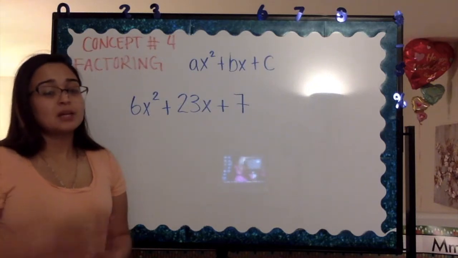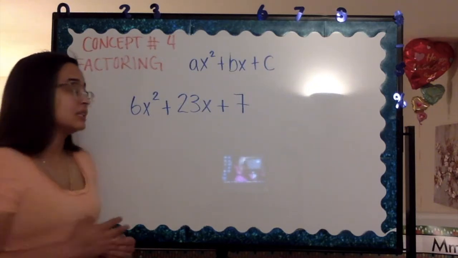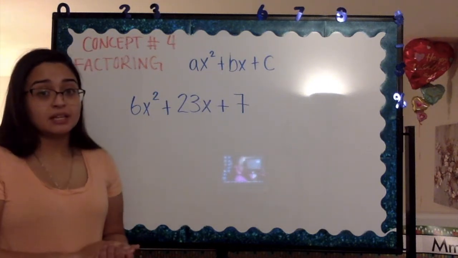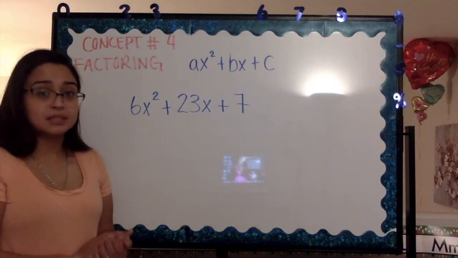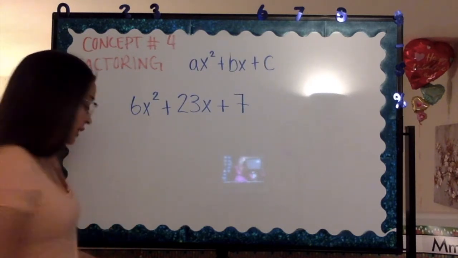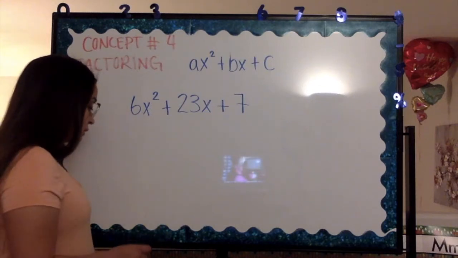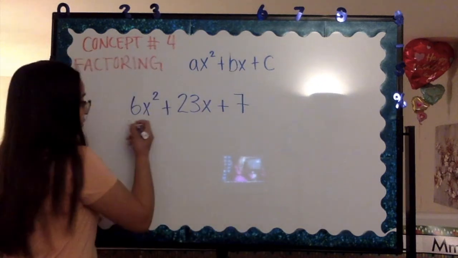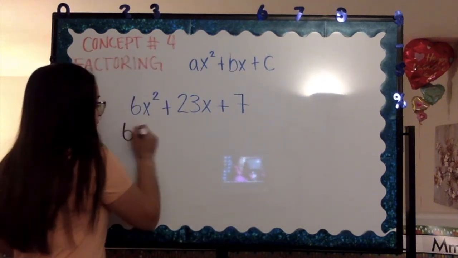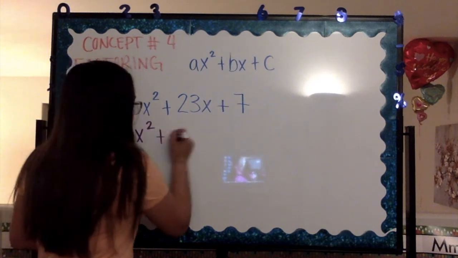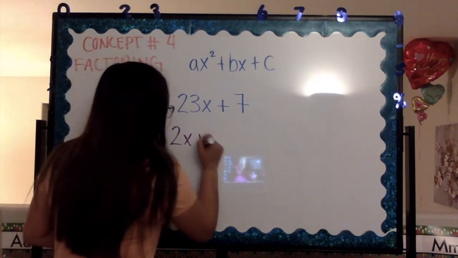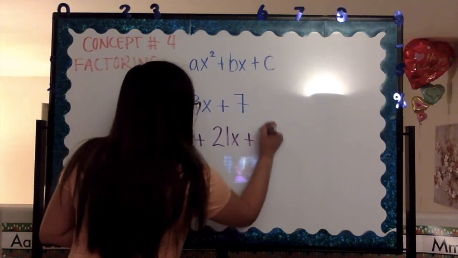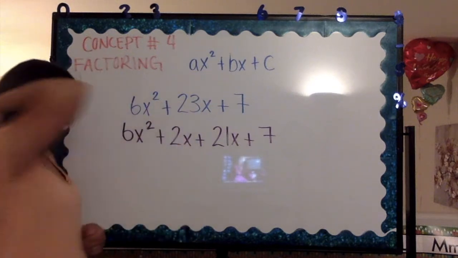Now, instead of using 23x, we're going to rewrite it as 2x plus 21x, okay? So it's going to look a little different. It'll look like this. 6x squared plus 2x plus 21x plus 7. Okay?